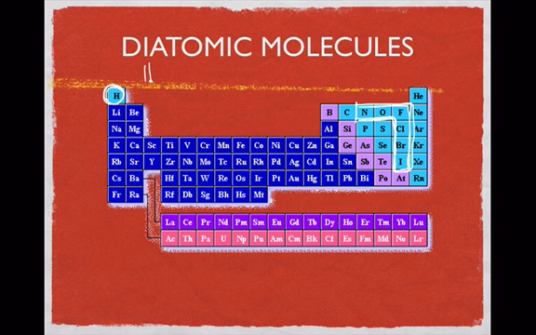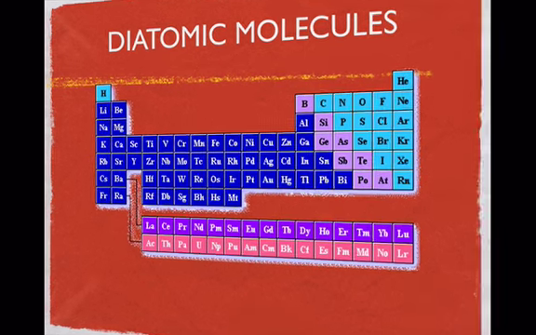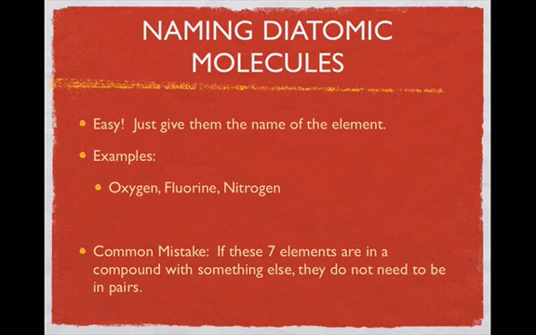If I said hydrogen, just hydrogen, all by itself, pure hydrogen, hydrogen is H2, and you can do that with the rest of those. So how you name them is you just give them the name of the element like I did. If I say it's just oxygen, I really mean O2. Fluorine is F2. Nitrogen is N2.